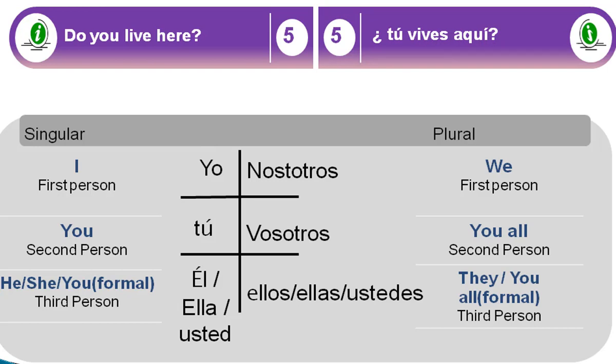Aquí is here. And we put a question mark towards the end of the sentence and at the beginning of the sentence, and at the beginning it is an inverted question mark. ¿Tú vives aquí? So when you are asking a question, you really don't need to specify any separate word for do. Just putting a reverse question mark at the beginning of the sentence is good enough.